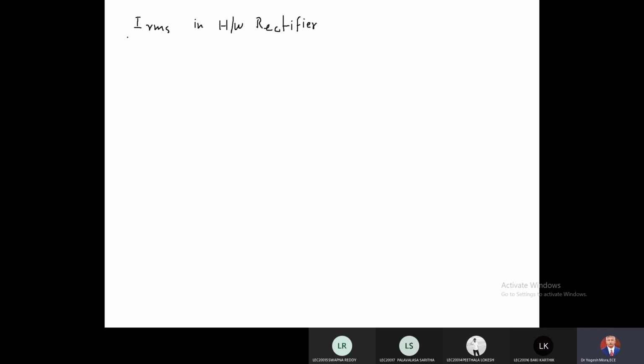What is the RMS value of the current in a half wave rectifier?